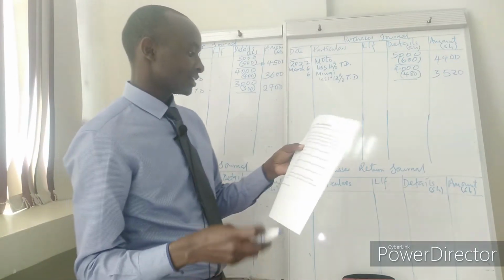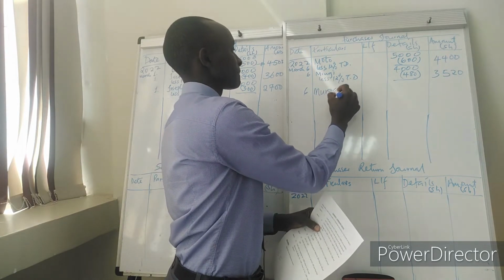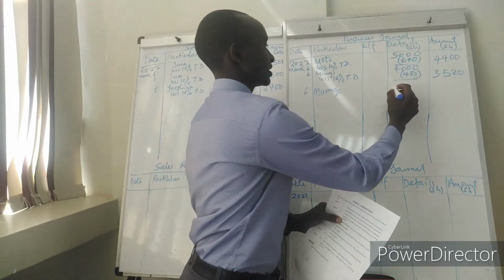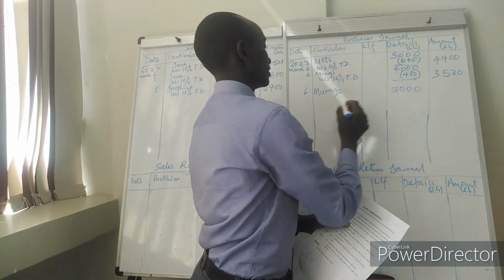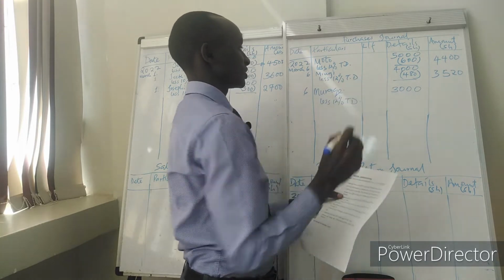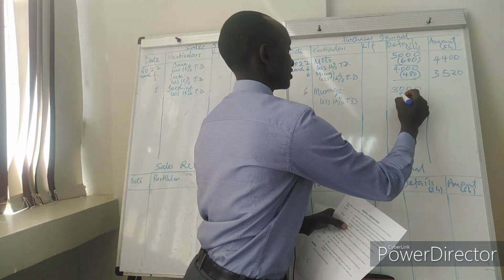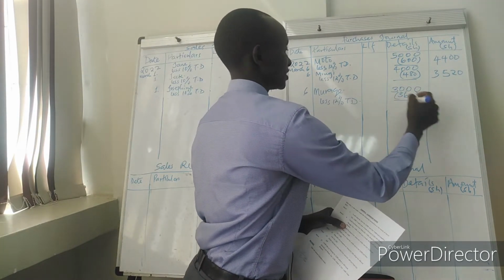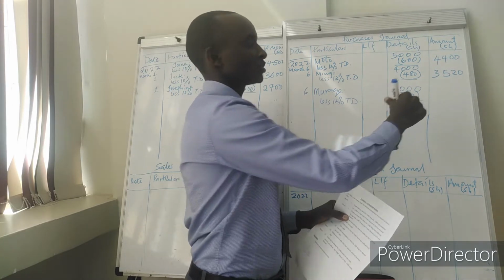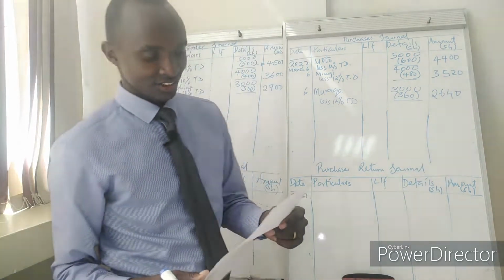So we have Morage on that 6th, 3,000 less 12% trade discount. 12% of 3,000 is equivalent to 360. This is how you less in accounting. So 3,000 minus 360 is equivalent to 2,640. Please check your calculations.